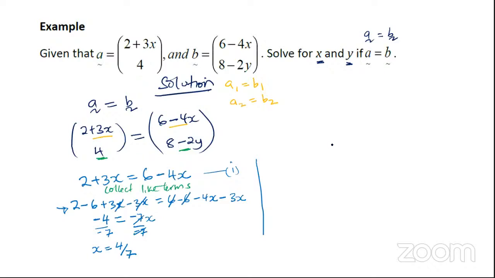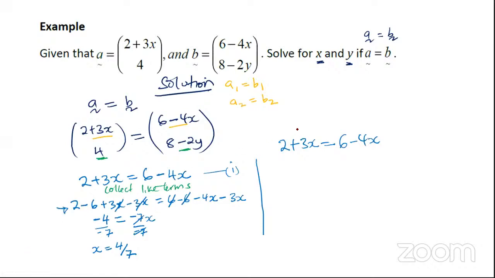Now when you're collecting like terms, this takes us back to our elementary math. For example, we have 2 plus 3x is equal to 6 minus 4x. We need to bring, okay, let's look here.